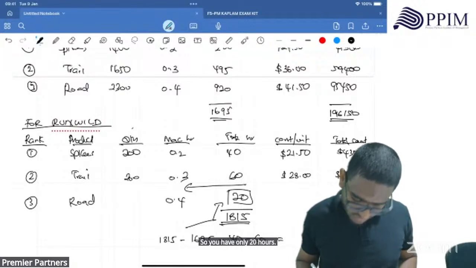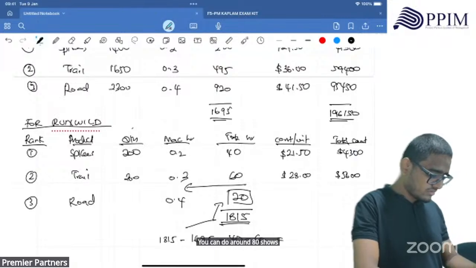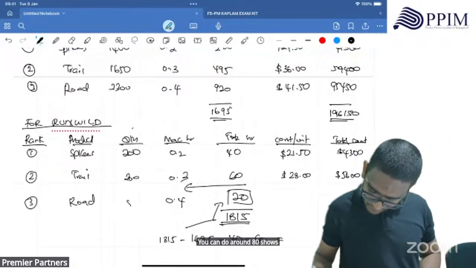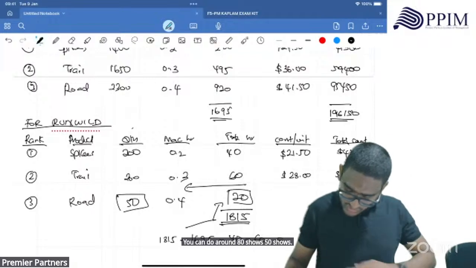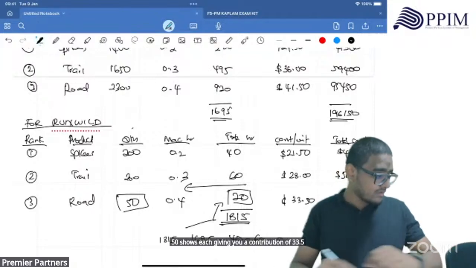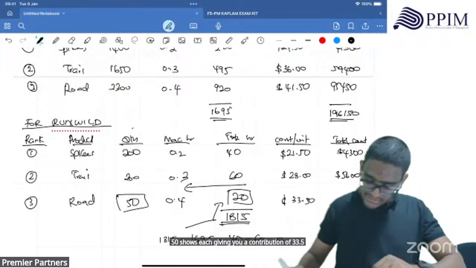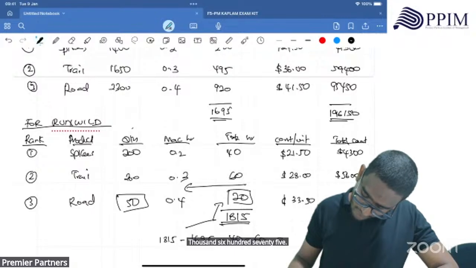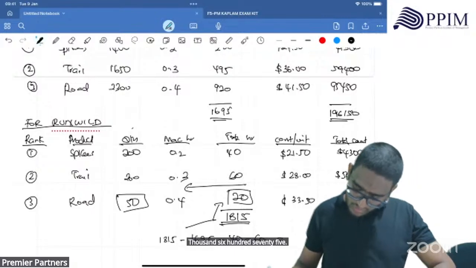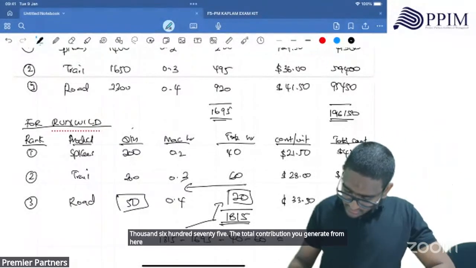Each shoe needs 0.4. So you can do around 50 shoes, each giving you a contribution of 33.5. That is 1,675. The total contribution you generate from here is 11,575.